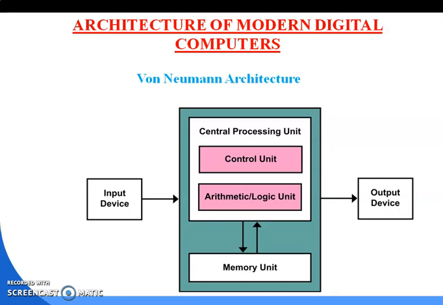The control unit controls the entire system, and then there is the arithmetic and logical unit. What is the job of the arithmetic and logical unit? It operates on your tasks. If it is arithmetic, it is completed by the arithmetic unit. If it is logical, it is completed by the logical unit. How does the control unit identify which one is the arithmetic part and which one is the logical part?